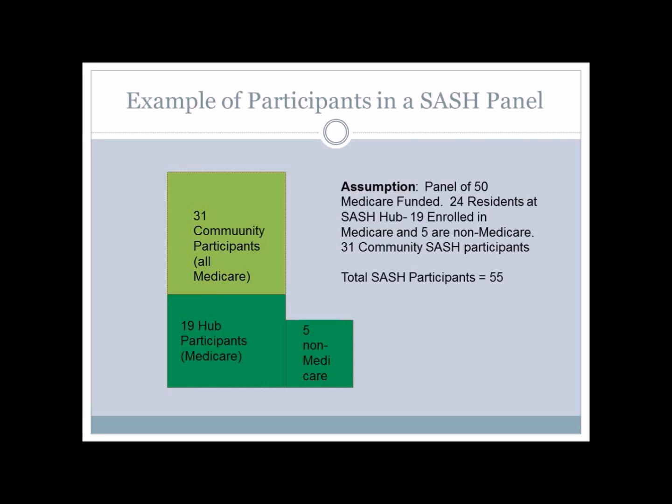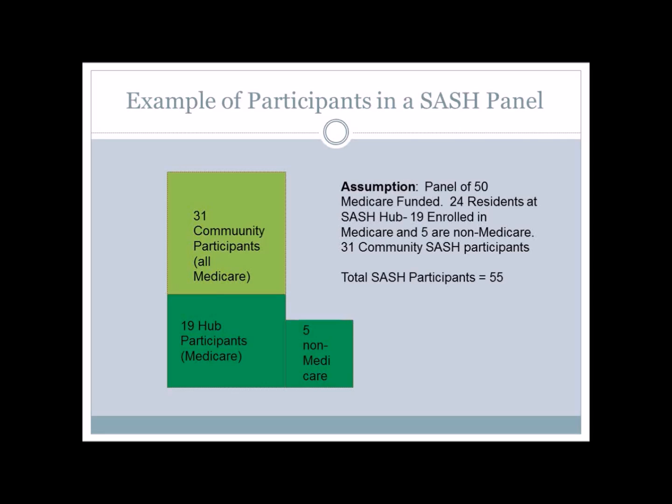In this situation, the housing organization said, we want to start up a half panel. This is a real panel somewhere, I can't remember where. So we said, okay, we're going to pull down a half panel from Medicare. And what they had was a housing congregate site with 24 residents living there.